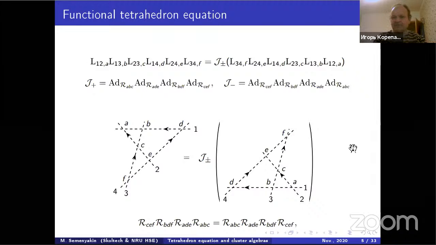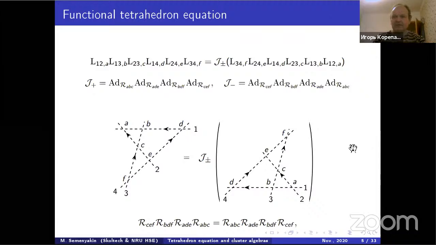But the tetrahedron equation or similar things give you an evolution of Boltzmann weights of an inhomogeneous 2-dimensional statistical physical model. And this evolution conserves the state sum, the statistical sum. Just such a simple observation.